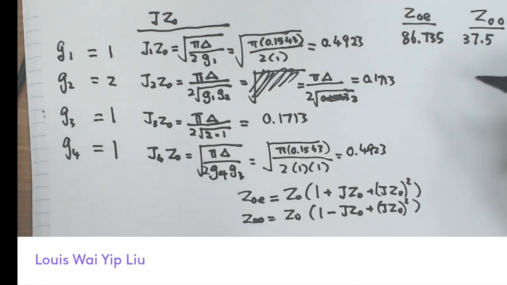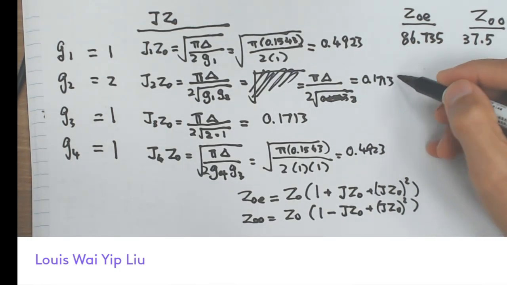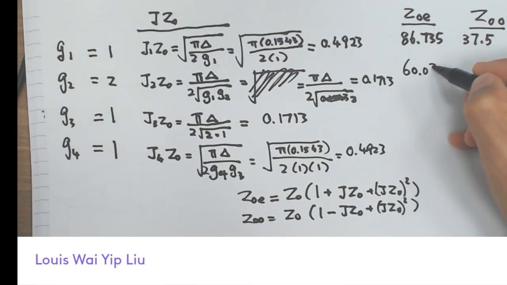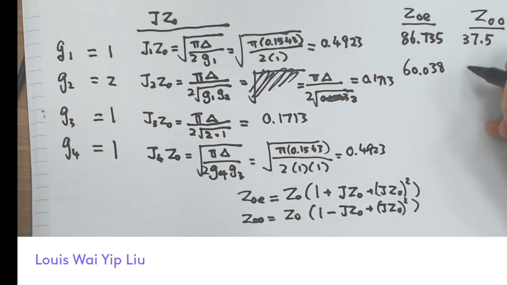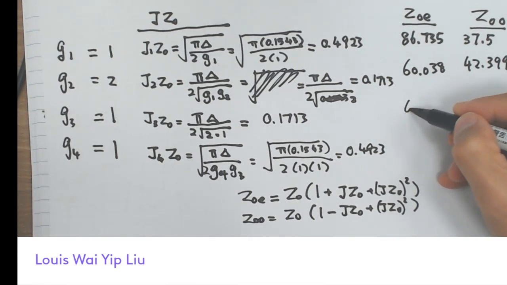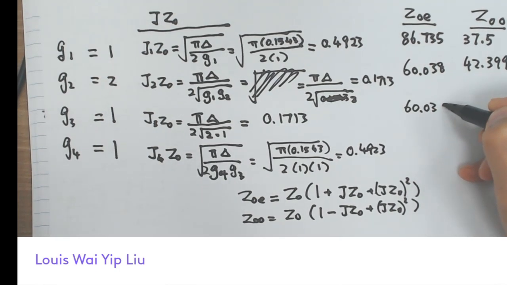And if you continue with this process, you will get 60.38 and 42.399. And similarly, you will get the same value for stage 3.